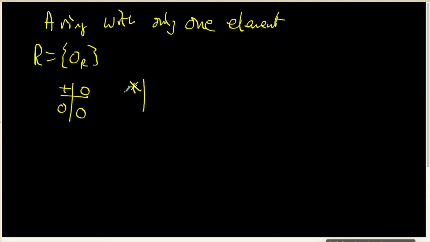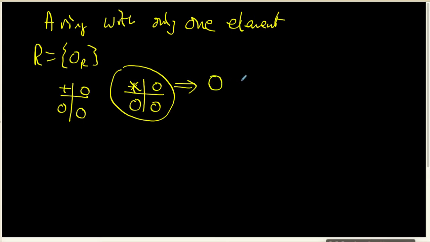And because multiplication has to be closed, 0 times 0 is also going to have to be 0. But this particular table will say that 0 acts as a multiplicative identity, so 0 is a multiplicative identity as well as an additive one.